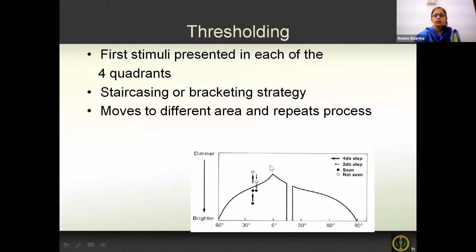Thresholding involves the staircasing or bracketing strategy, where a brighter stimulus is given at a particular test point, and its intensity is then reduced in 4 decibel steps until the patient says, I cannot see the spot. Then the intensity is increased until the patient again sees the spot. That is where the threshold intensity for that test location lies. This testing is repeated in other areas of the field to get the threshold intensities for different points.